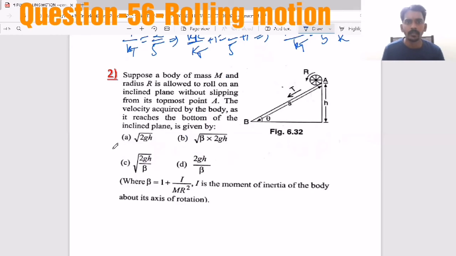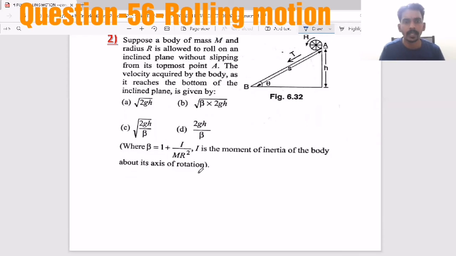Now here, a body of mass m and radius r is allowed to roll on an inclined plane without slipping from its topmost point A. The velocity acquired by the body as it reaches the bottom of the inclined plane is given by, see, v square equals 2gh by 1 plus I by mr square.